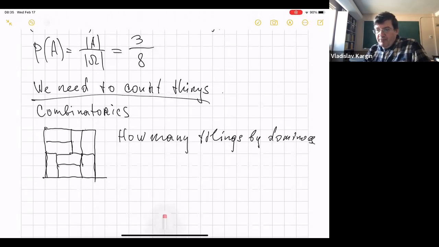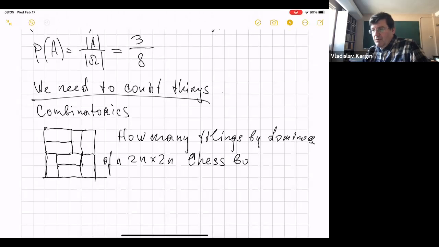But say, what about if you want to tile a 2n by 2n chessboard? The formula in this case would be something like that.